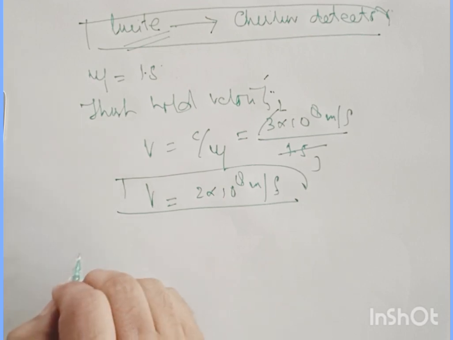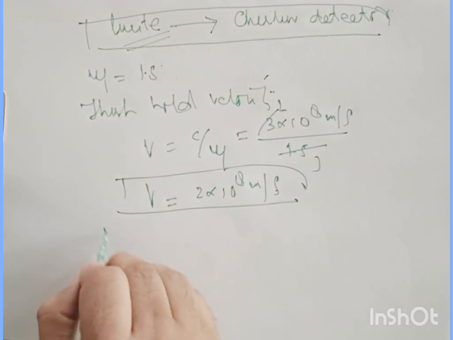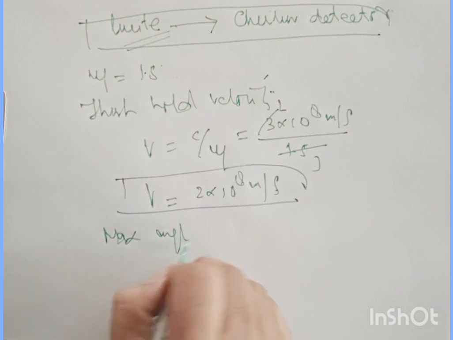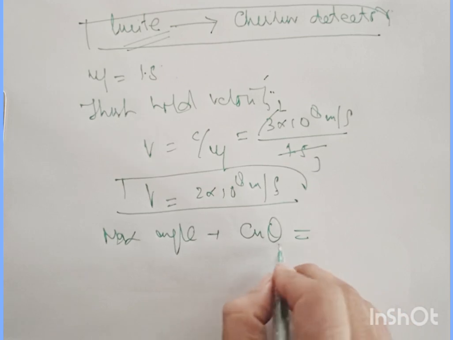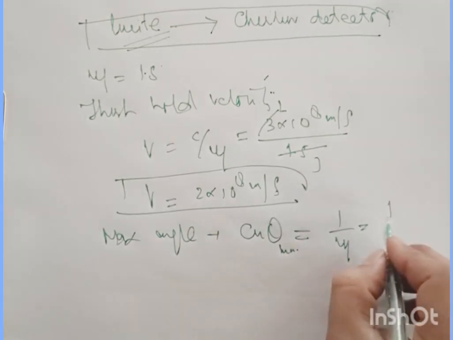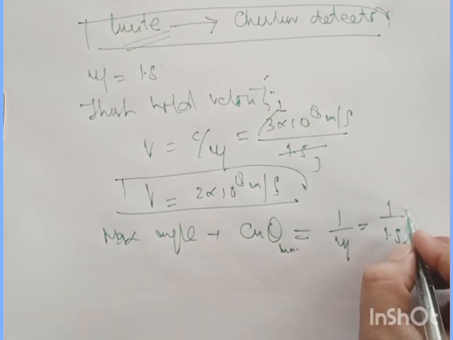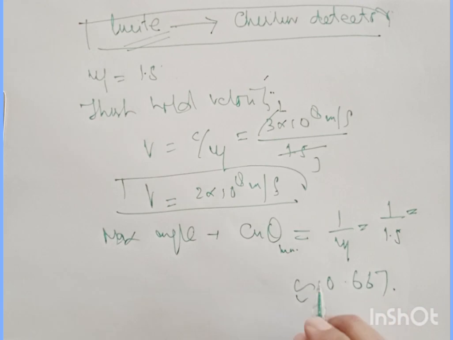And at the same time, we can calculate the maximum angle. So for that, we have cos theta max equal to 1 by mu, that is 1 by 1.5, which is nearly 0.667.